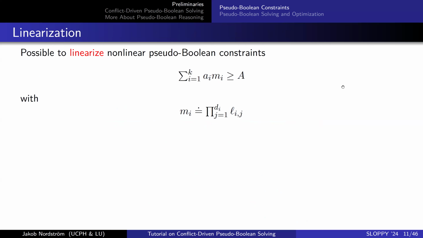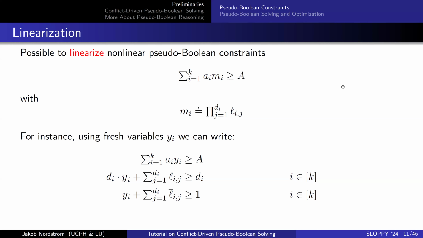One other thing that I want to mention: what if you think that linear constraints are a big restriction? Well, it's not so hard to see that you can easily linearize. If I have a general polynomial constraint, sum A_i m_i greater or equal A, for some higher degree monomials, products of literals, then one thing I can do is take every monomial and reify it.